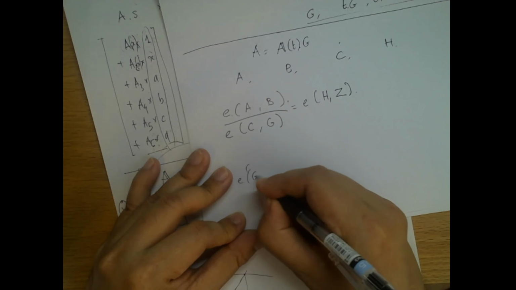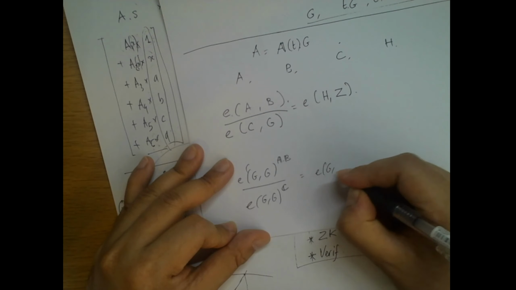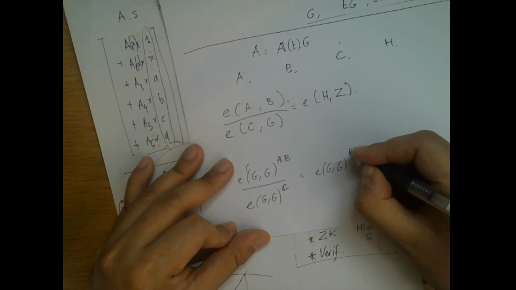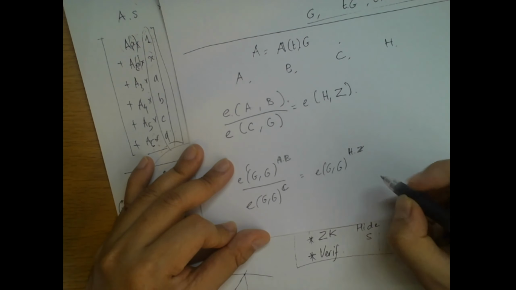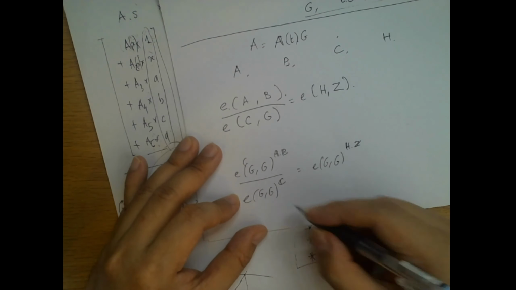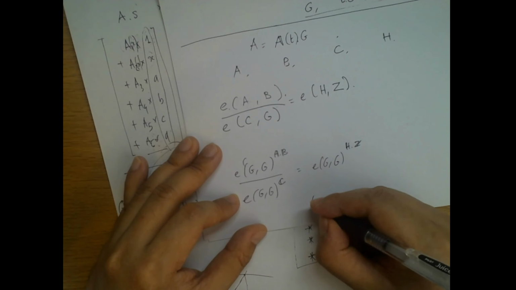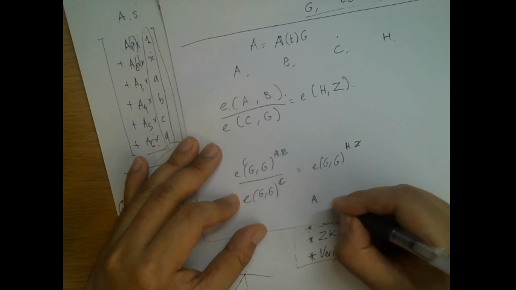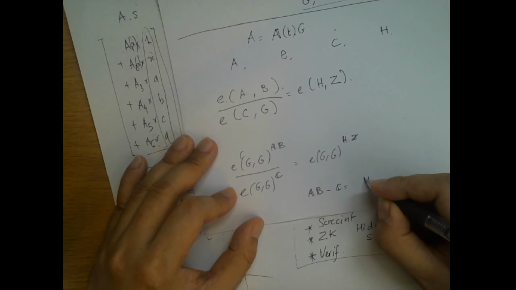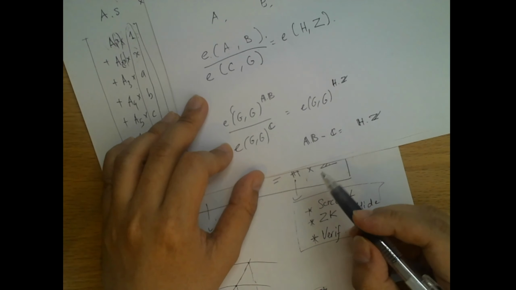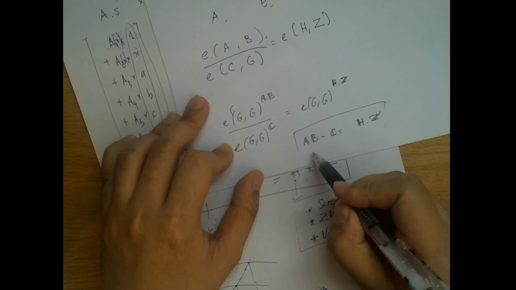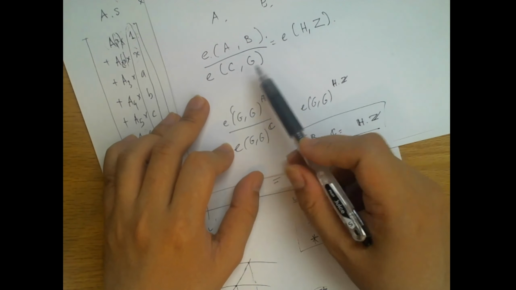And this one becomes E of GG, and then H times Z. So now, with all exponents, this is going to be A times B minus C is equal to H times Z.